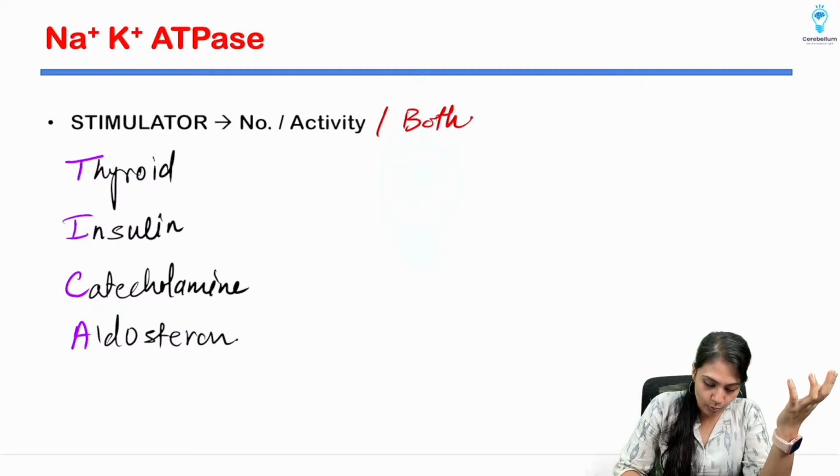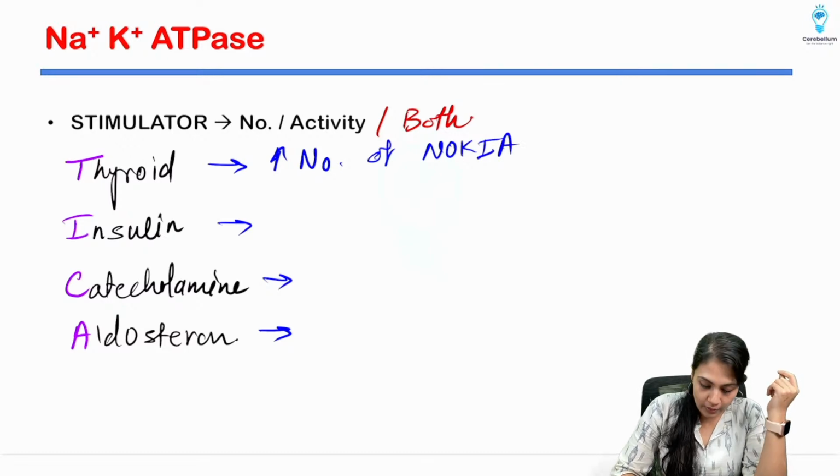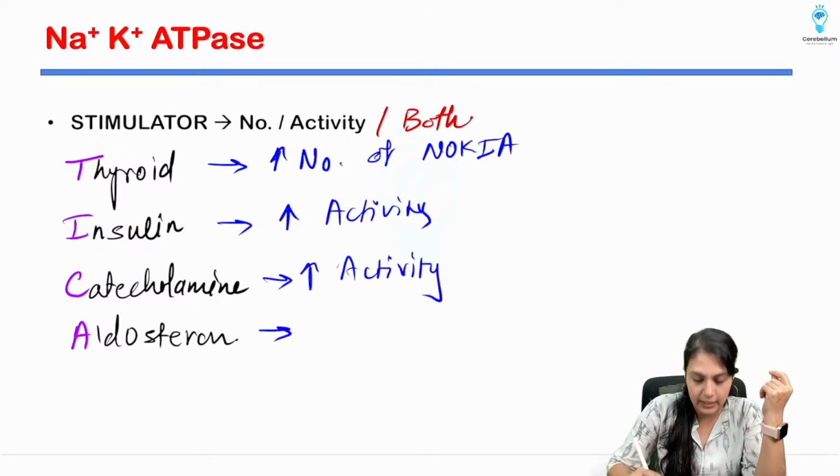What are they going to do? The thyroid hormone is going to increase the number of sodium potassium ATPase. Insulin and catecholamines are going to increase the activity of the sodium potassium ATPase.